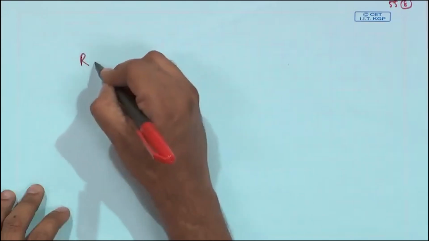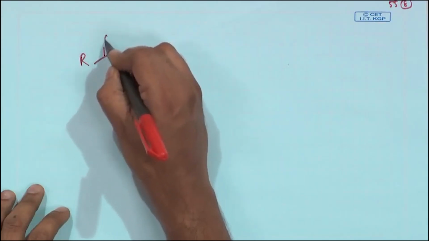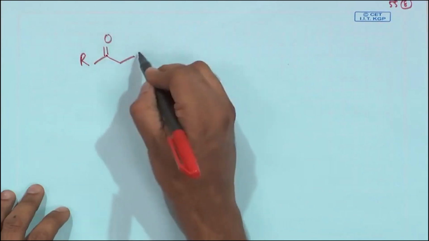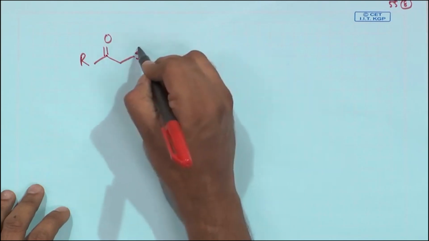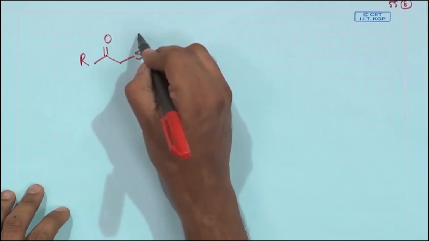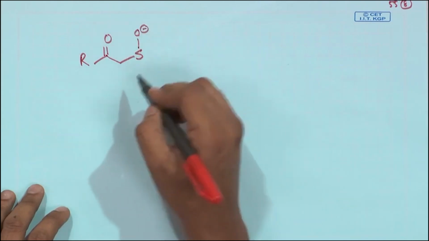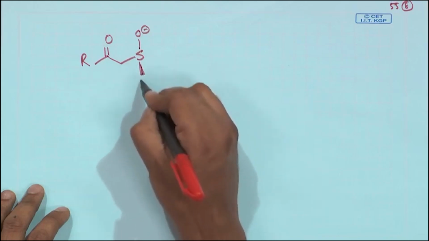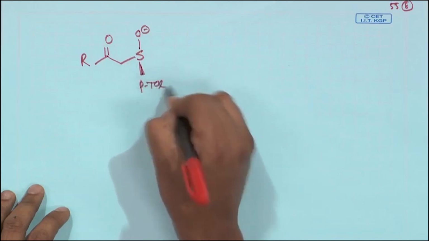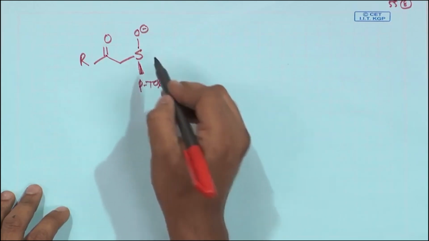So this way the divergence can easily be created. The next example is a little bit complicated, but is a similar kind of thing. This is an example of substrate-directed divergence. Here we give you a starting material having a sulfoxide, and sulfurs are chiral, sulfurs are stereogenic.